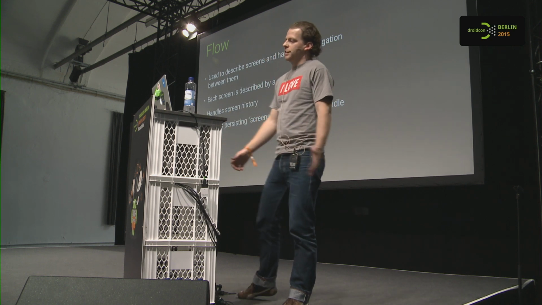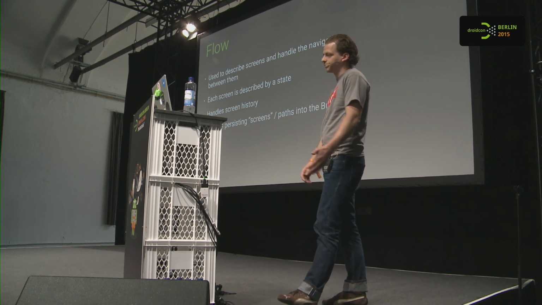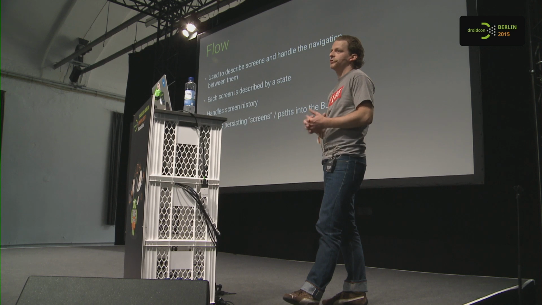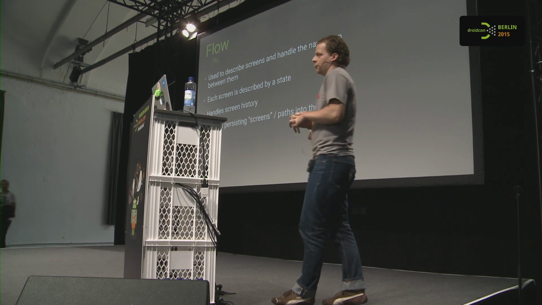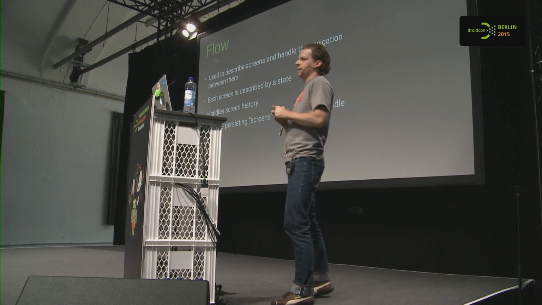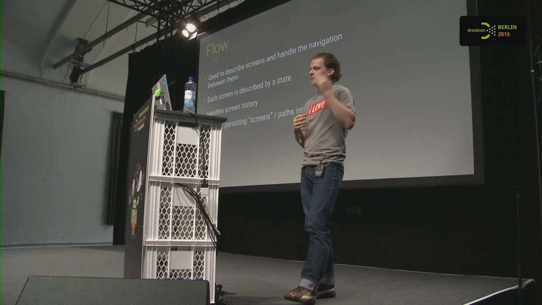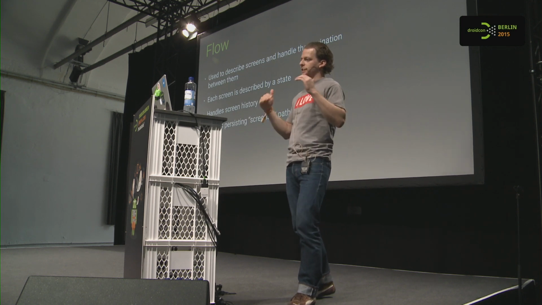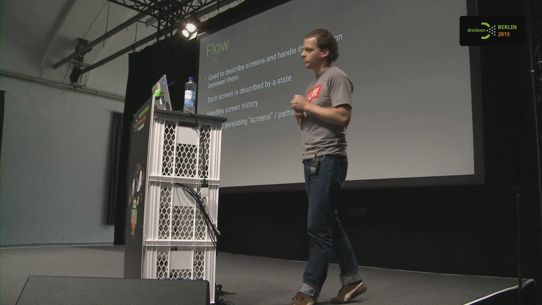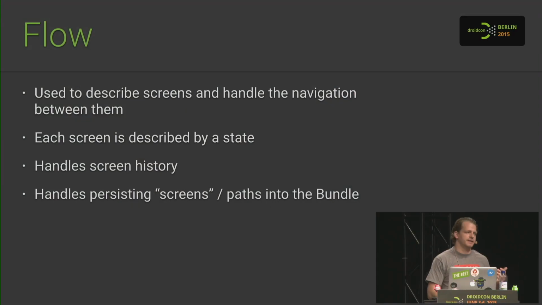So what does Flow do? It provides a way to define the screens and handles the navigation between them. It describes the screen. Each screen has a presenter inside that comes from Mortar, the second library. The screen can also have a particular state.